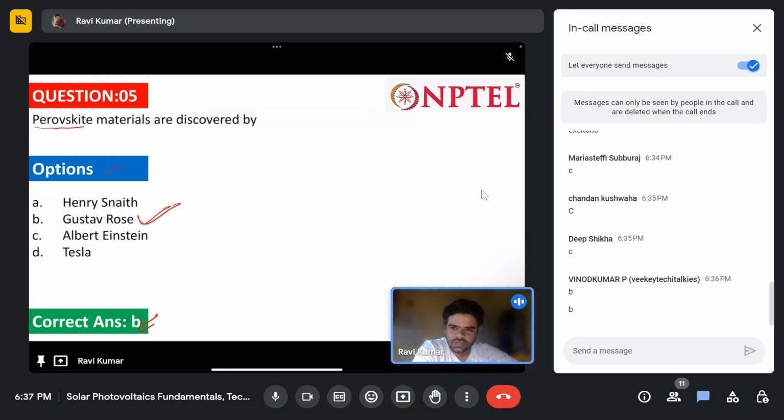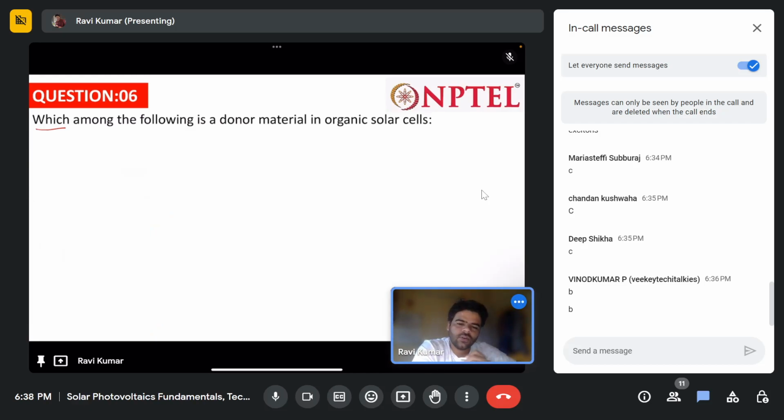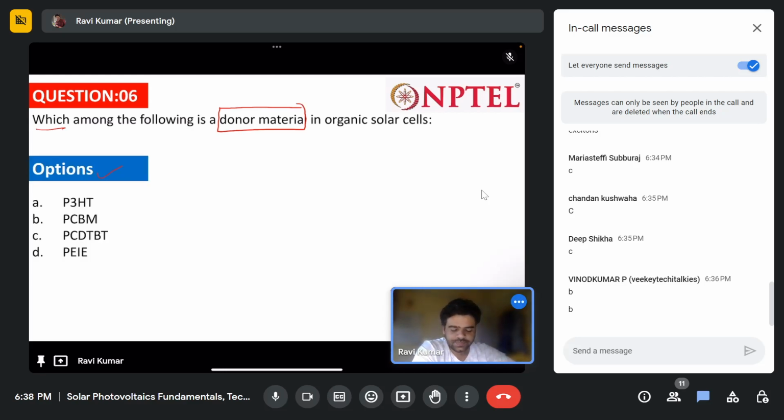Let's move to the next question, which says, which among the following is a donor material? Donor material. Just remember the second slide of this presentation in the organic solar cell. These are the options.